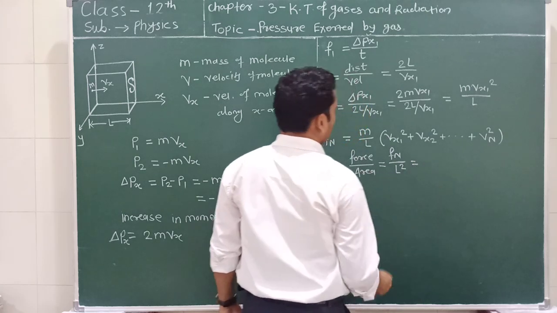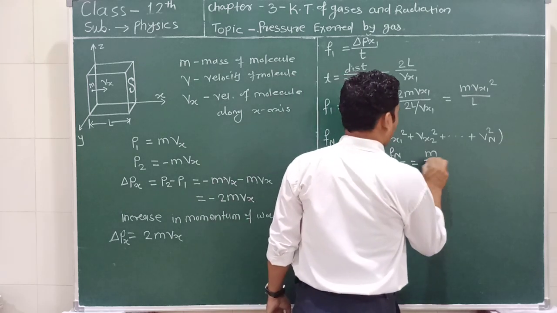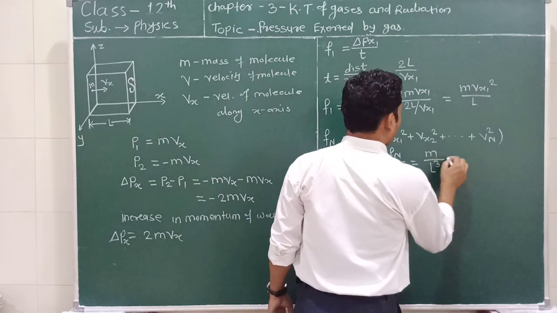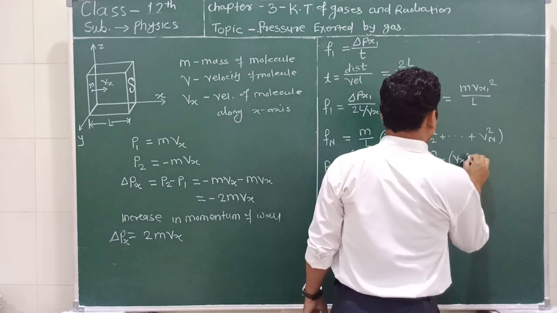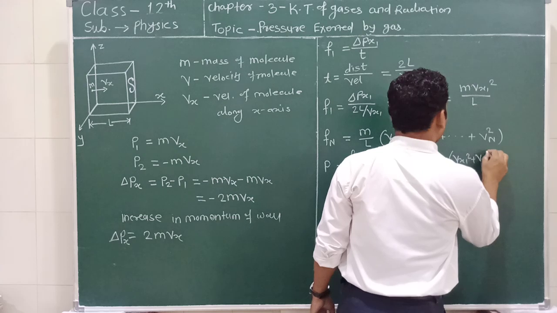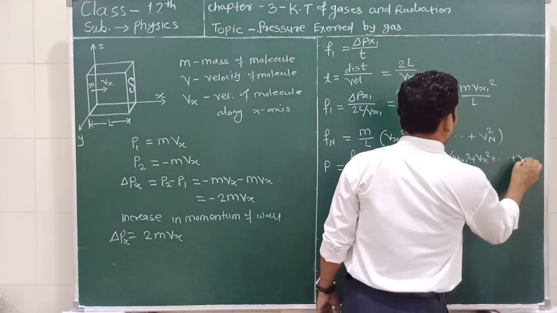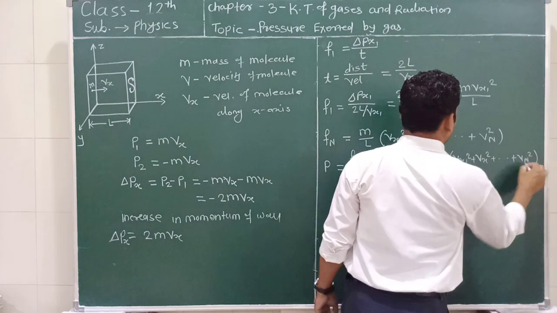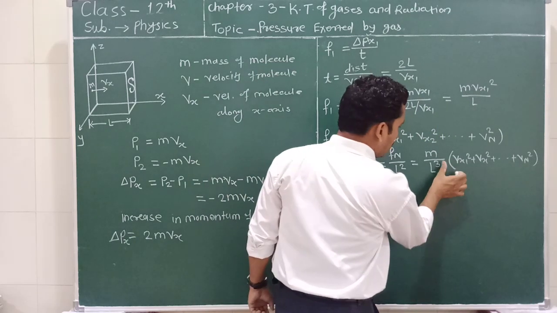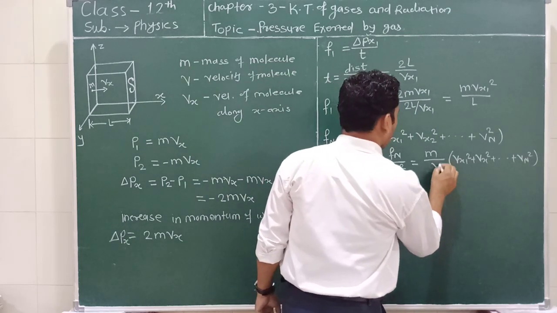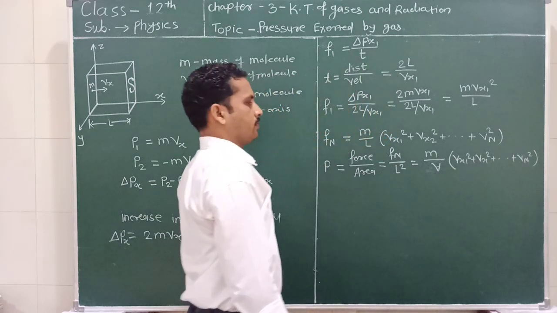So we can write it is equal to m divided by L cube into Vx1 square plus Vx2 square plus Vn square. What is L cube? This L cube is nothing but the volume V. So we can write it as m by V.